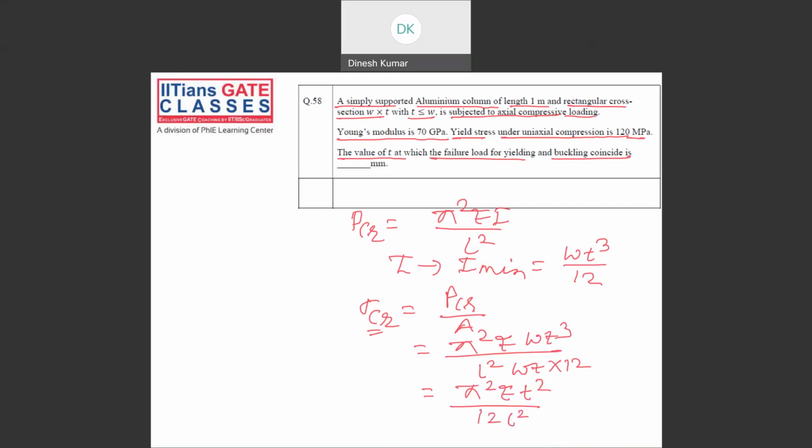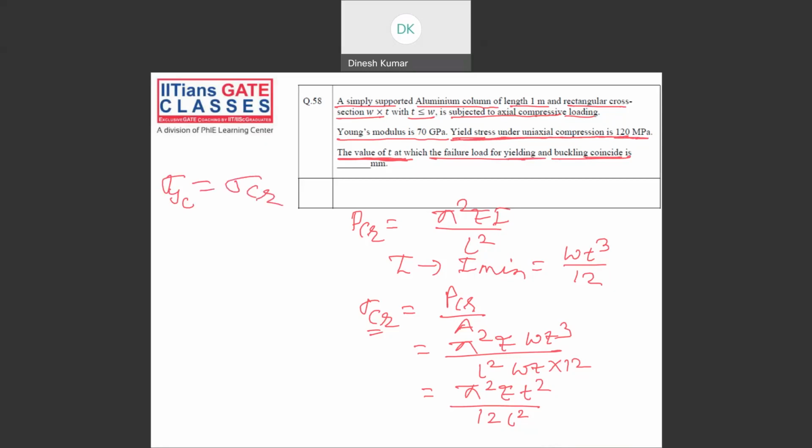Now guys, they mention to find the value of T, where your failure load for yielding and buckling coincide. They have also given the yield stress for compression as 120 megapascal. That means at failure, sigma YC is equal to sigma critical.